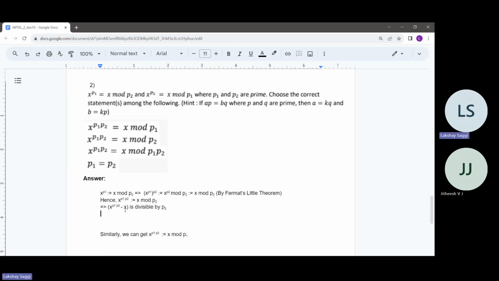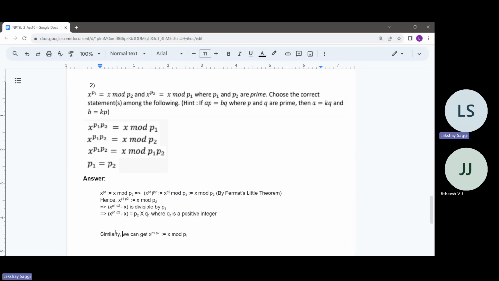So this quantity x raised to the power p1 p2 minus x is equal to p2 multiplied by some number q1, where q1 is a positive integer.